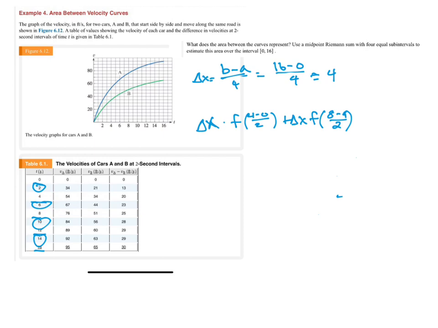I think it would be best to do this: delta x is 4, and it's 4 every time, so we can factor that number out.